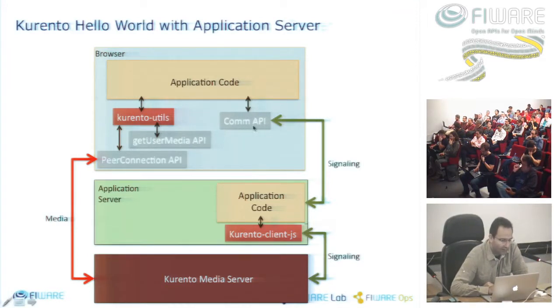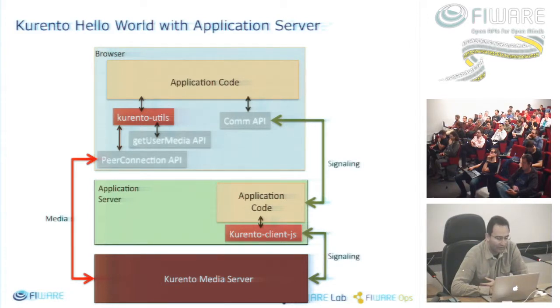And in this case, the application is the same. We are just making a loopback so that the media which is generated by the browser is sent to the media server. But instead of having the browser communicating directly with the media server, the browser communicates with an application server. And this application server can provide the authentication mechanisms you want, okay?